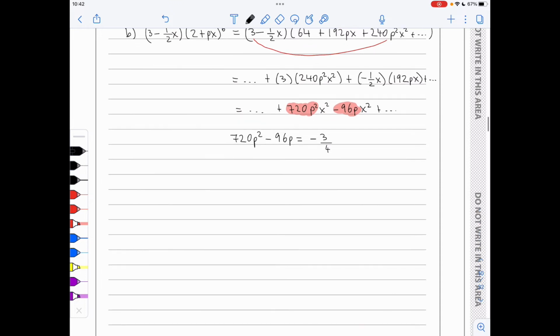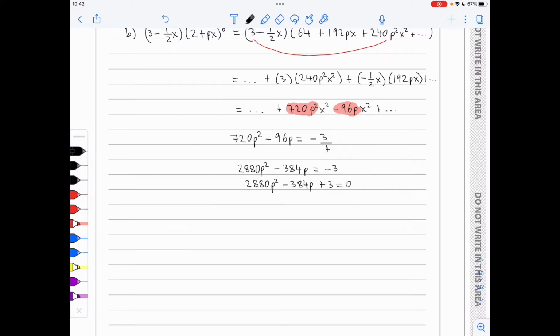I will cross multiply by 4 to get 2880p squared minus 384p is negative 3. I will collect everything on one side. So 2880p squared minus 384p plus 3 is 0.